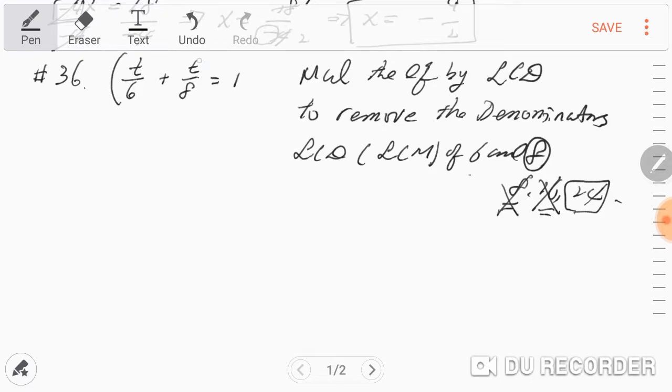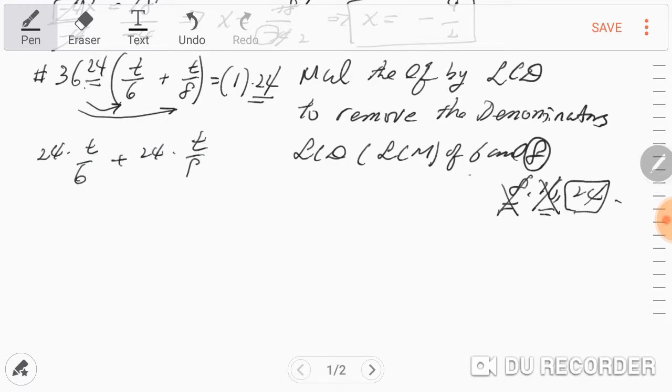So let me put parentheses and multiply this by 24. Also multiply this one by 24. Okay, 24 is the LCD. Then we can distribute 24 to each term inside the parentheses. So that will be 24 times t over 6 plus 24 times t over 8 equals 24.